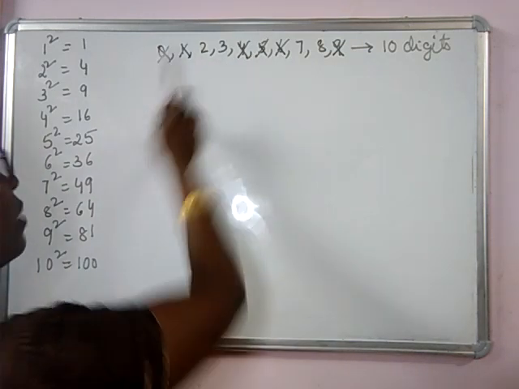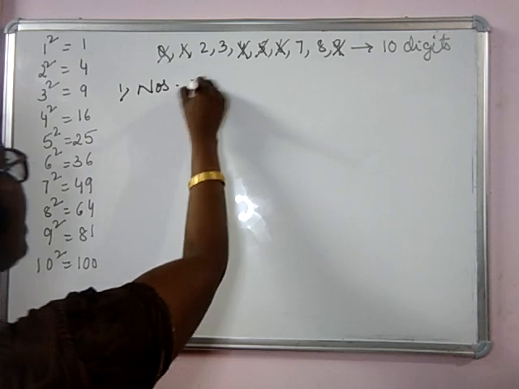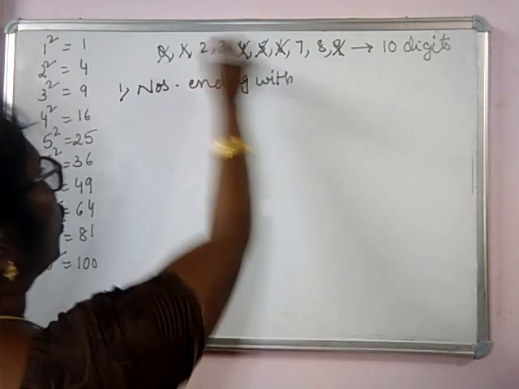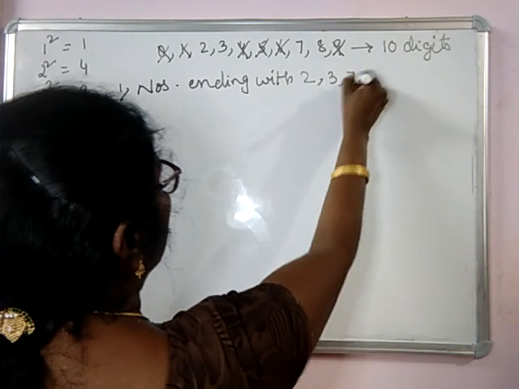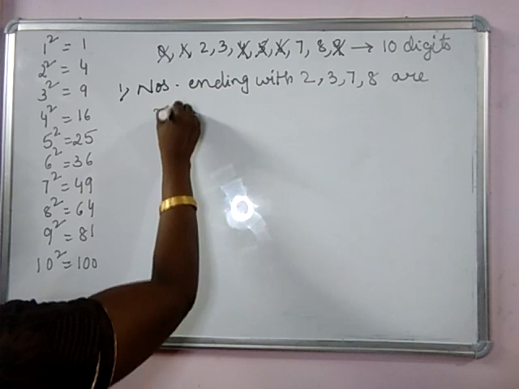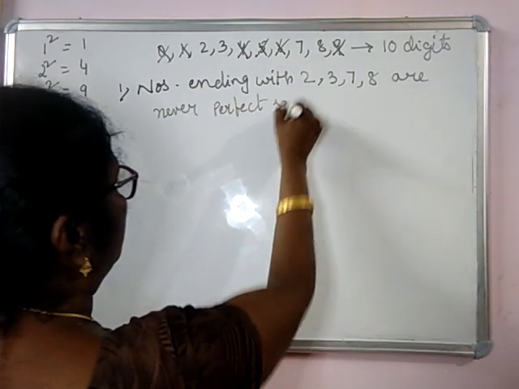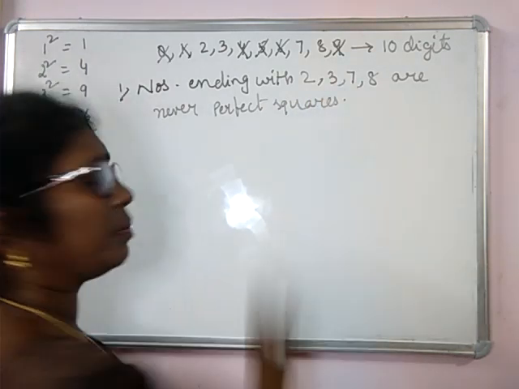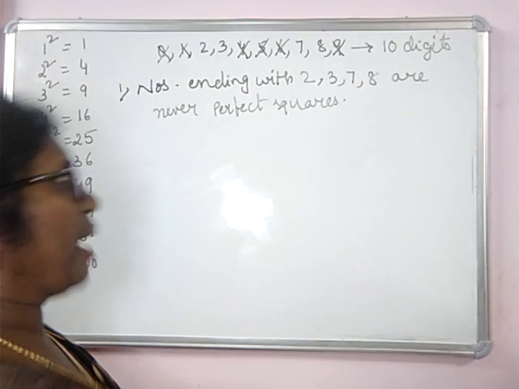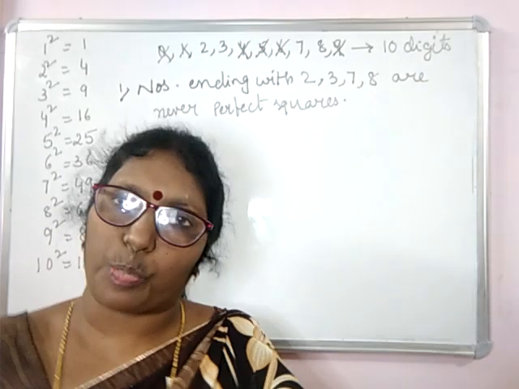That means numbers ending with 2, 3, 7, 8 are never perfect squares. Are you clear? No perfect square has 2, 3, 7 or 8 in its ones place.